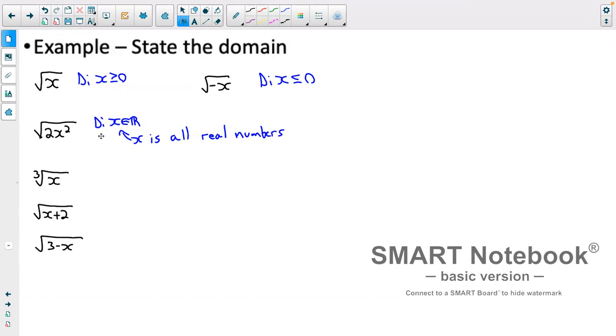Now, the reason for this is because we have this squared. And essentially any number squared will give us a positive number.